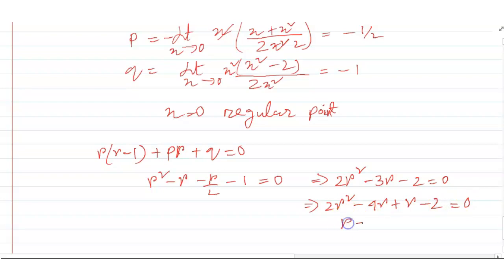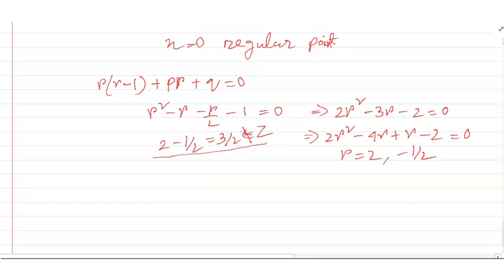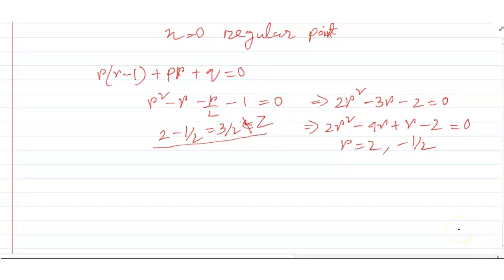So r value is 2 and minus half, and if you see that 2 minus minus half is equal to 5 by 2, which does not belong to Z. So I can apply this formula, the Frobenius method.